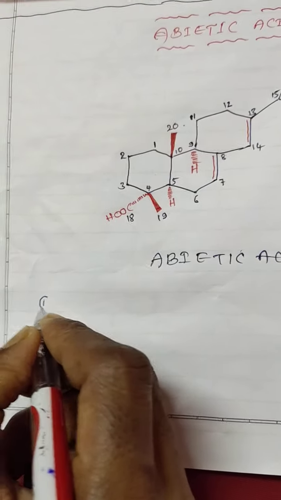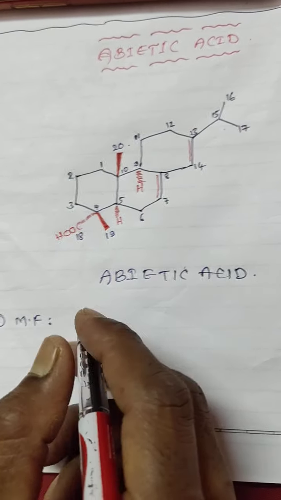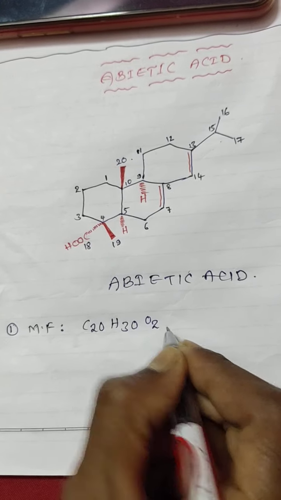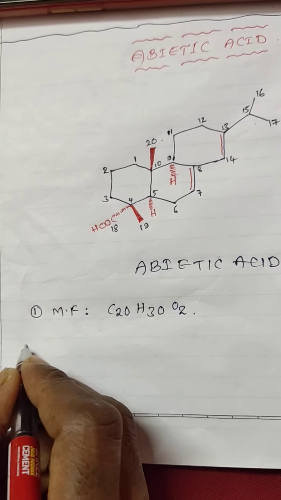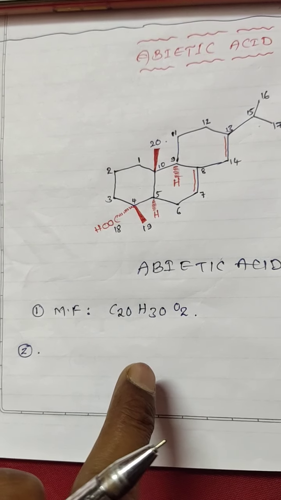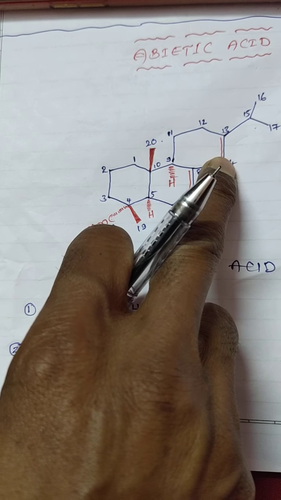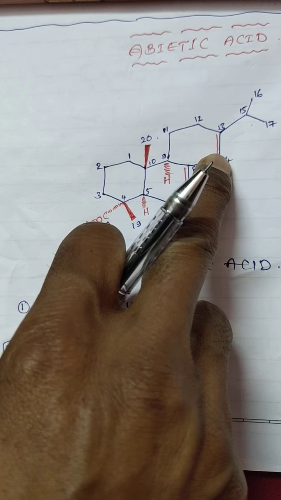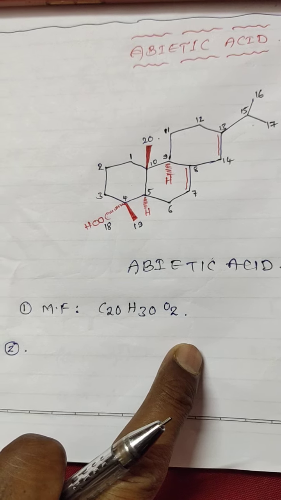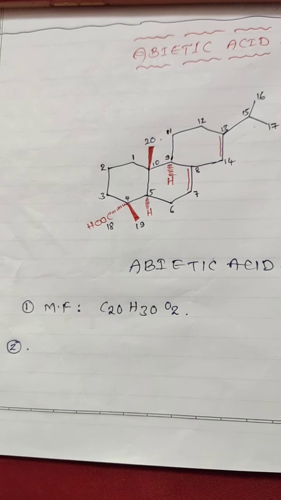So the first point, molecular formula. The molecular formula of abietic acid is C20H30O2. Now the second point: by the usual tests, abietic acid is found to possess two double bonds, which on hydrogenation form tetrahydro derivatives, and a tertiary carboxylic group.